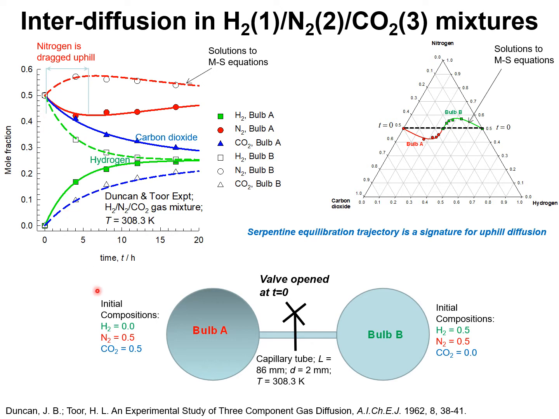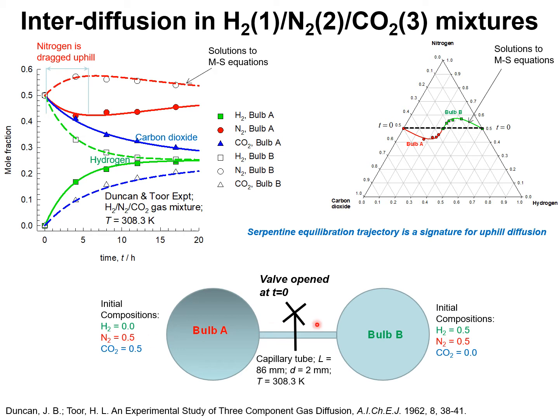In this graph, the data on the mole fractions in bulb A and bulb B are plotted as a function of time. The equilibration of hydrogen and carbon dioxide follows the exponential trajectories one would normally expect for a diffusion governed equilibration process. Nitrogen, on the other hand, has a different character. The initial composition of nitrogen in both bulbs is exactly the same.